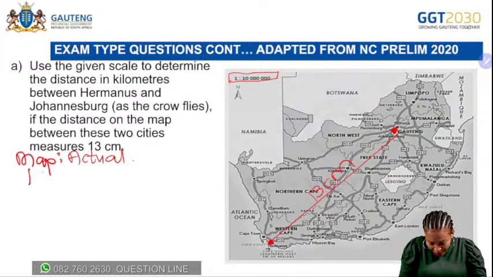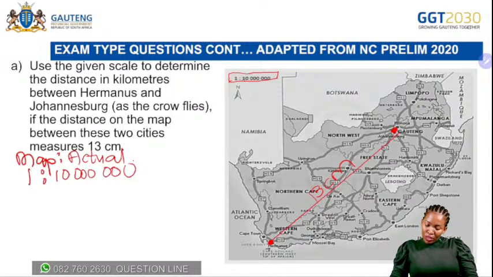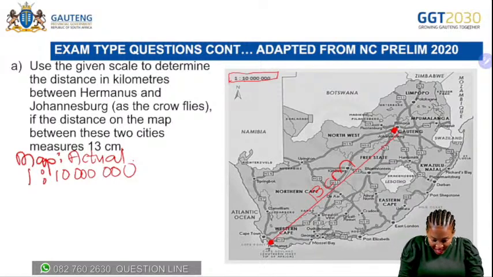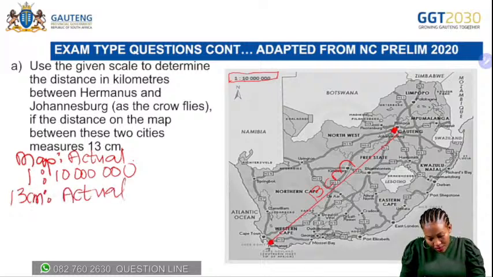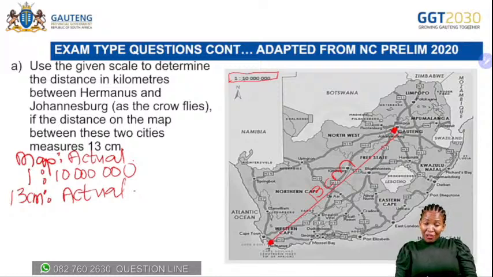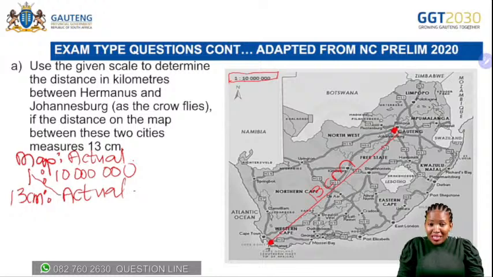It is 1 is to 10 million. And then what did we measure on the map? We measured 13 centimeters. So we want our actual distance. Are we good? I hope you guys are following. And then let's cross multiply. 1 multiplied by actual is your actual.